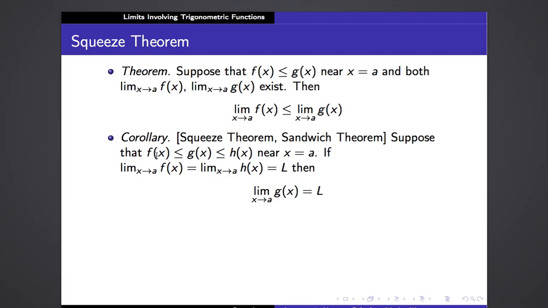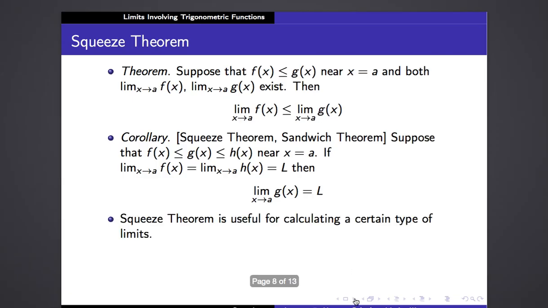It has nowhere else to go but to the same value, L. So in that case, the limit of g of x when x approaches a has to be also L. The name makes sense, squeeze theorem or sandwich theorem. This is a very important theorem. As I mentioned earlier, the squeeze theorem is useful for calculating a certain type of limits.